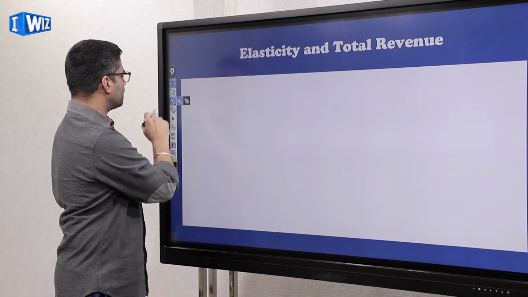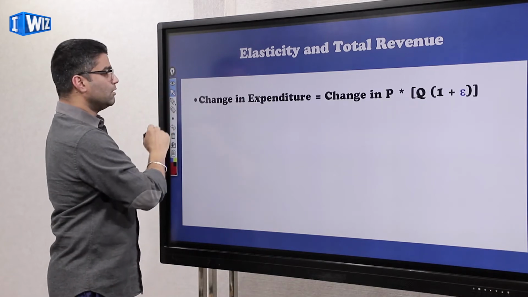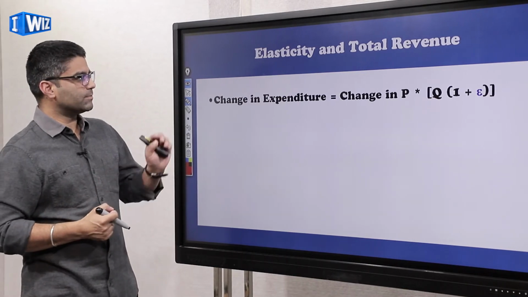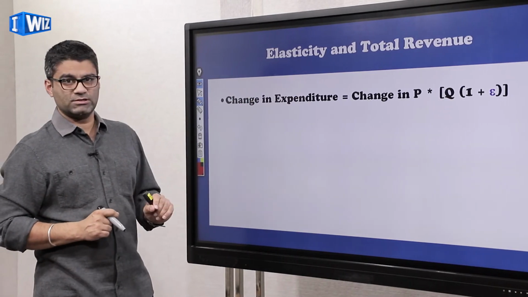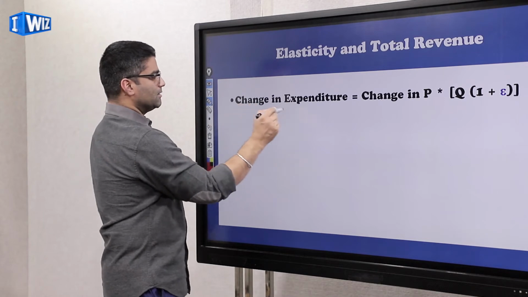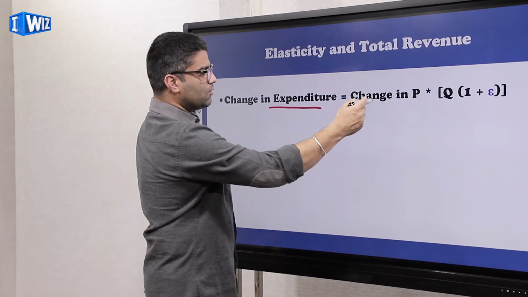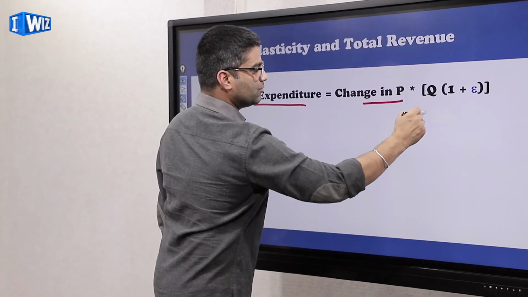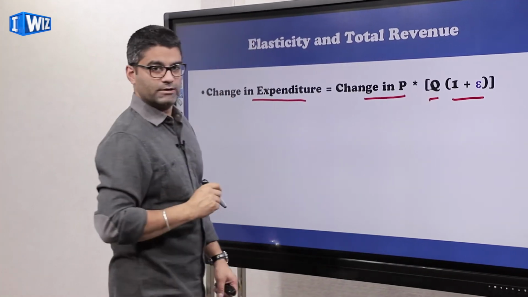So now the last part before we are done with this video is let's look at numerically how we can see the relationship between total expenditure or revenue and elasticity. So this equation tells us that change in expenditure is equal to change in price times this fraction, which is Q times 1 plus the elasticity. Right?